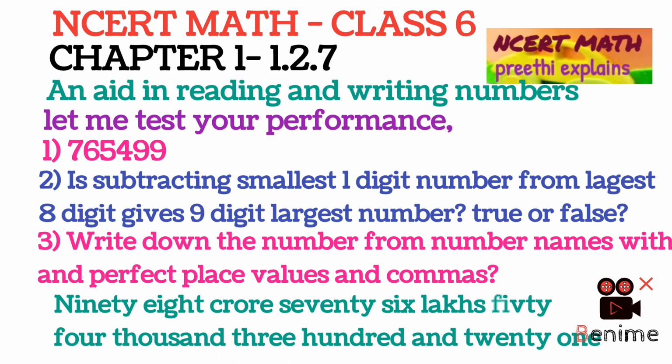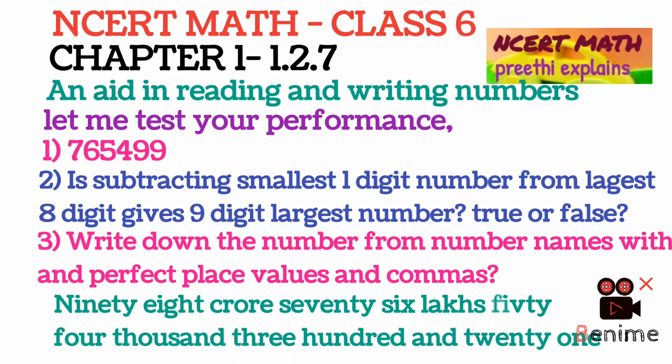The largest 8-digit number is 8 nines. Subtracting 1 from 8 nines gives 7 nines followed by 8. The last digit is 8, right? The largest 9-digit number is 9 nines. Are both equal? No, so it is false.